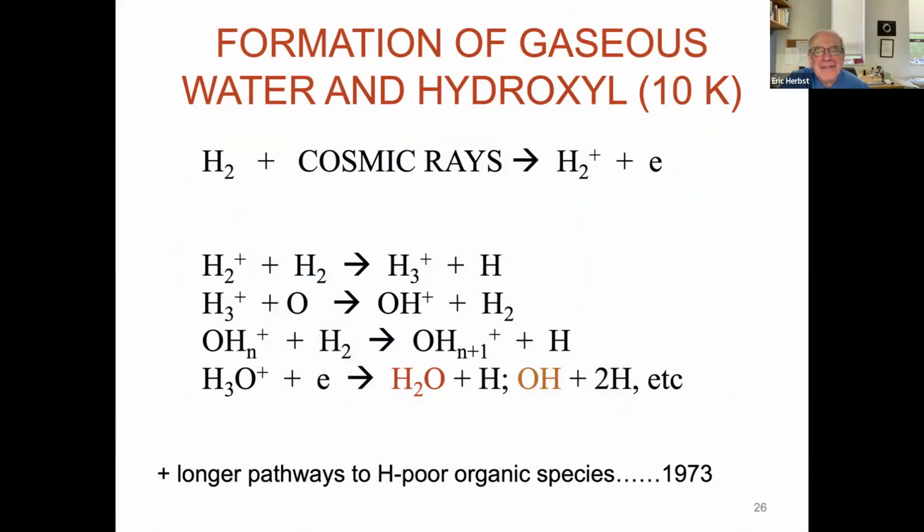Here is one involving cosmic rays, high energy protons that smash into H2 and make H2 plus electrons. And this H2 plus is very reactive and leads to a chain of ion molecule reactions. And eventually leads to water and OH plus longer pathways, which there's no time really to discuss.